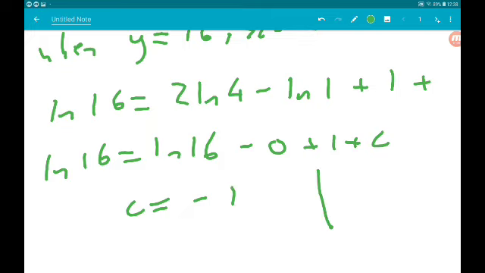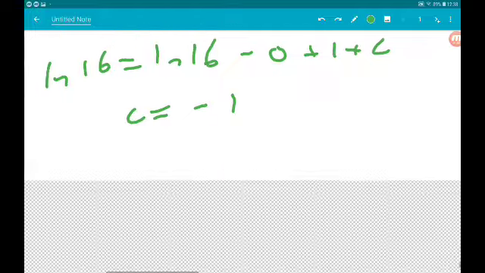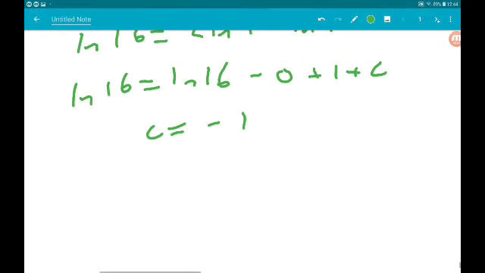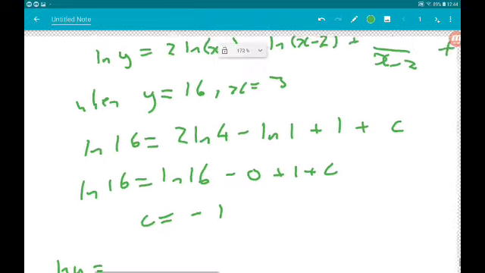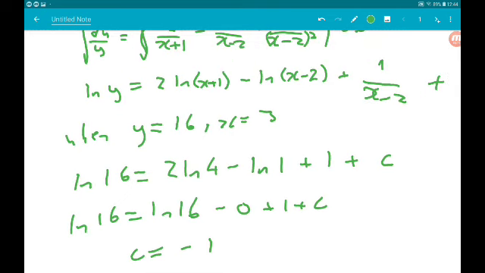So now we know that log y is equal to, now then, let's start sorting out these logs as well.